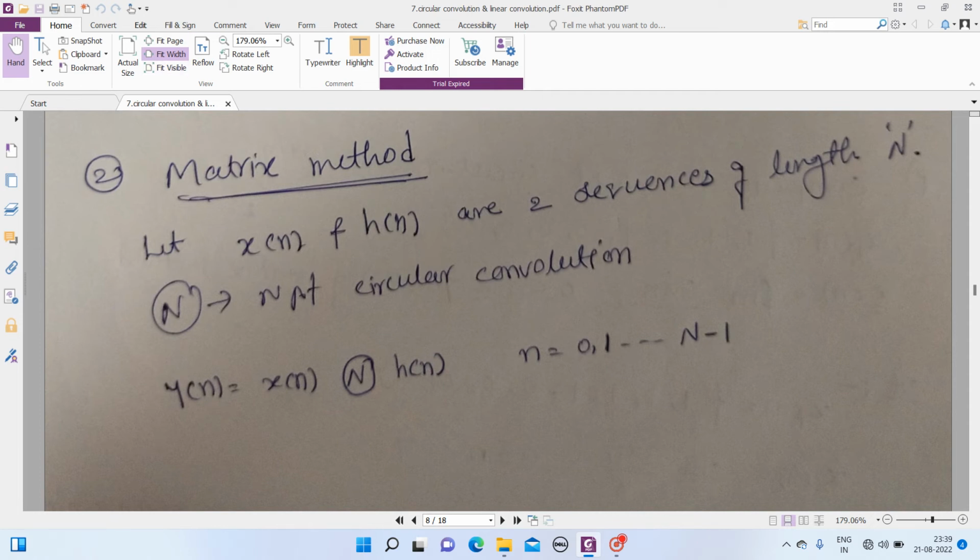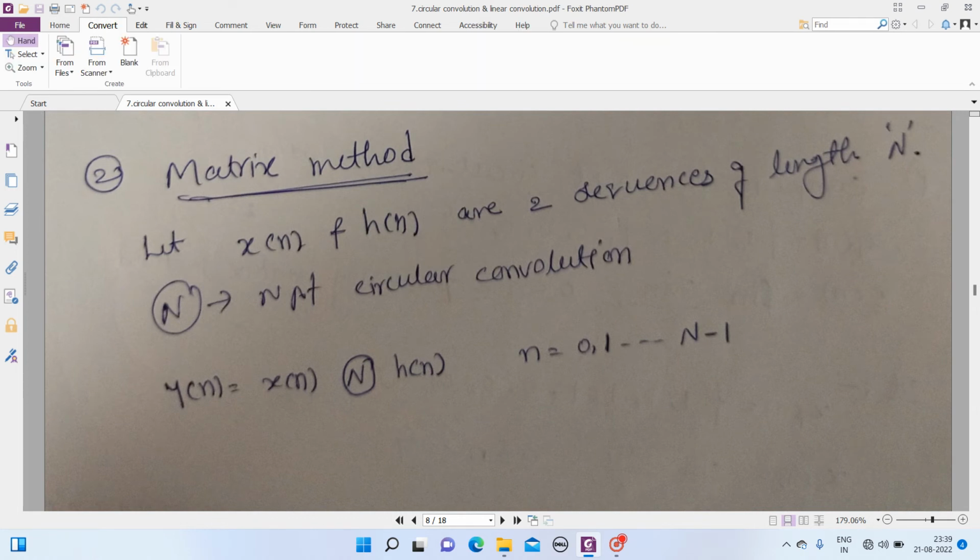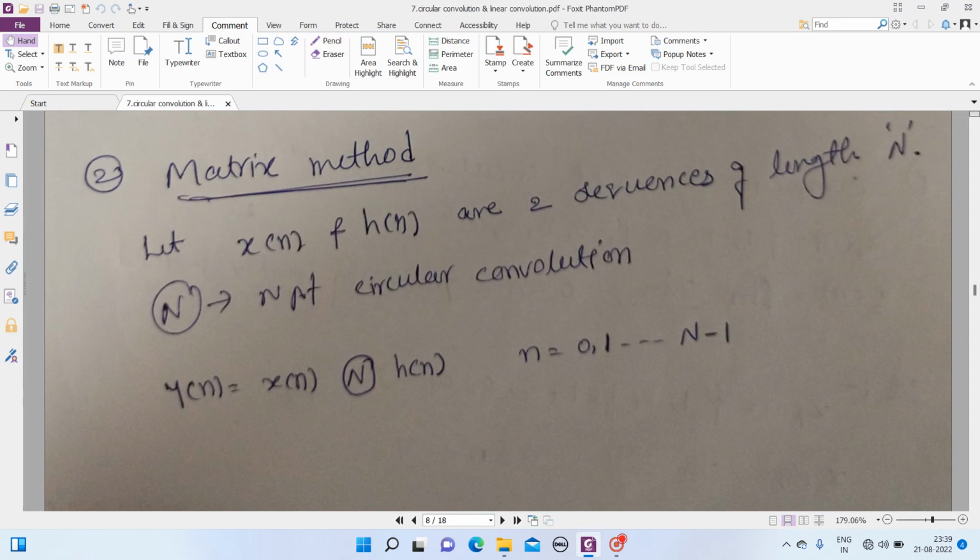Let x of n and h of n be two sequences. Actually, these two variable representations we will use in filter design; we will discuss that later.